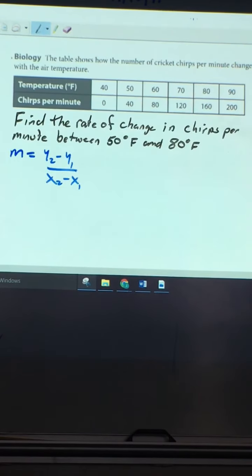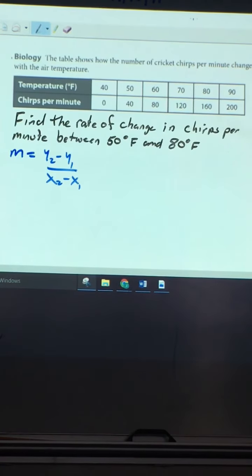So for that, we need to understand the difference between the dependent variable and the independent variable. The dependent variable depends on the independent variable happening. Well, if you look at the way this table is set up, if there is 0 degrees temperature, there would be absolutely no chirps because, well, they're all frozen. It starts at 40, and at 40 degrees, we still have 0 chirping, so they're probably all still sleeping or hibernating.